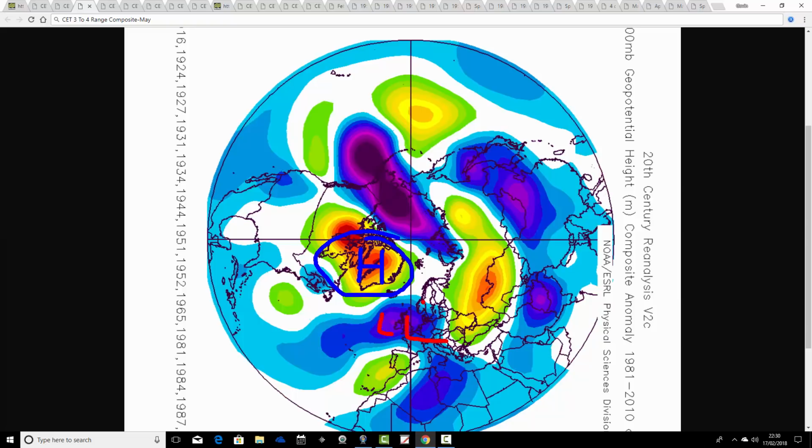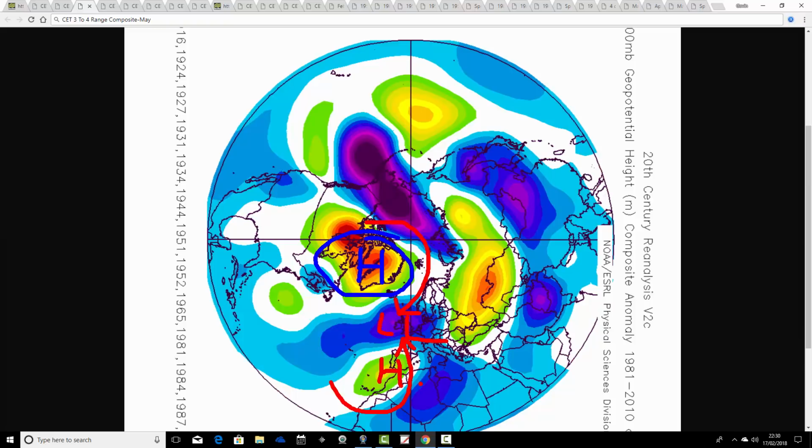Whether this would be all that cold, I'm not sure, because we also have some above average heights down across Spain and Portugal, trying to bring warmth up from the south, but of course we're blocking to the north, trying to entrench cold air into that trough. So I suspect there's a range of years here. Some of them are probably quite cold with May, and some of them are probably quite a bit warmer.